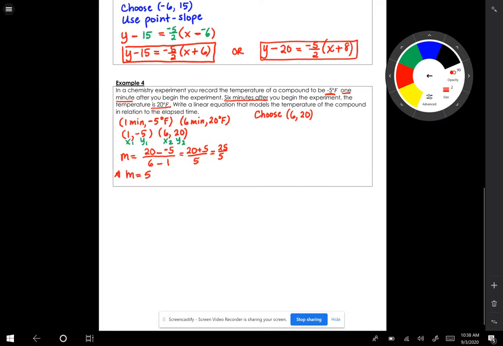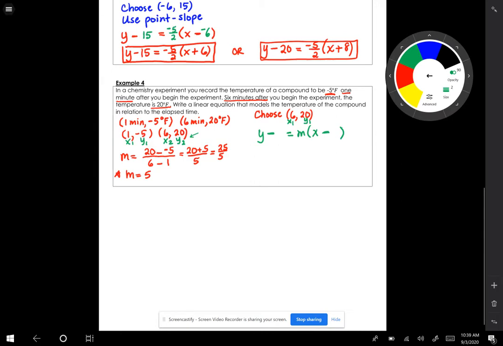So now that we've chosen that, we are going to use point-slope. So y minus the y you know equals m times x minus the x we know. And let's label our point, x1, y1. When we choose one of the points, what we labeled right here as x2, y2, we don't have to relabel it.